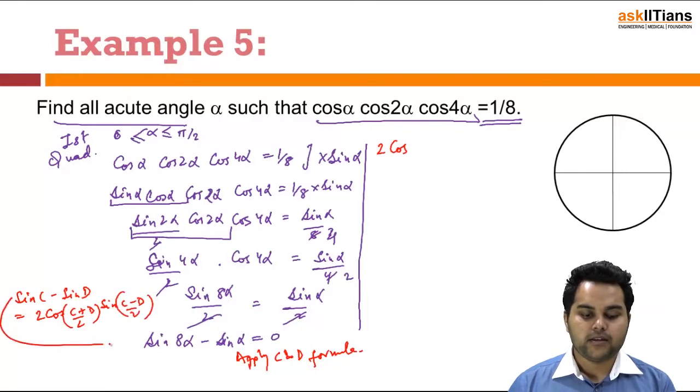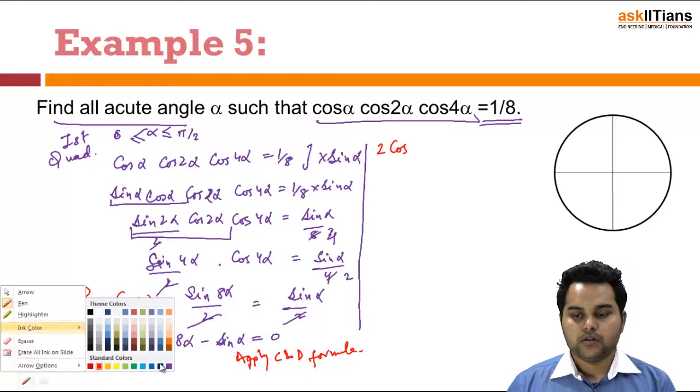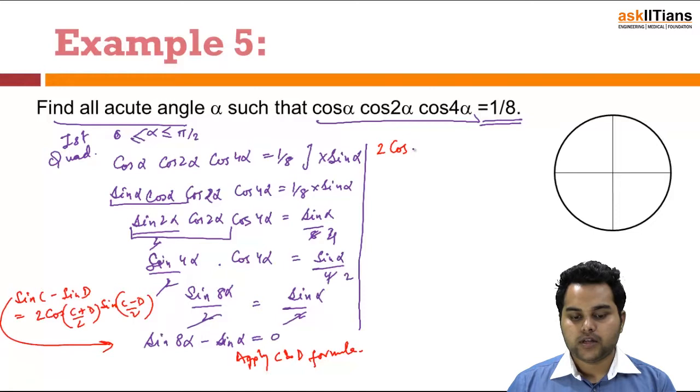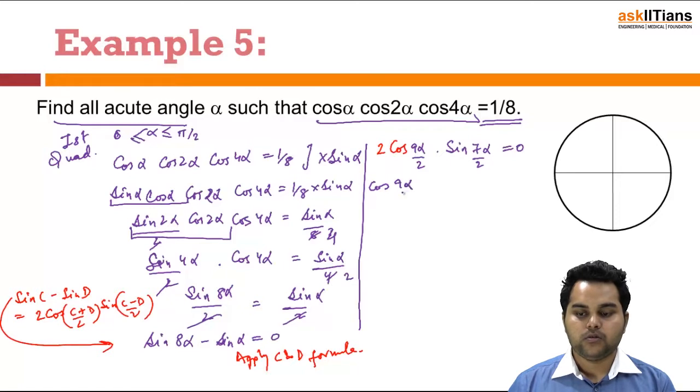This will be applied here, and hence I would get 2 cos 9 alpha by 2 into sin 7 alpha by 2 being equal to 0. So either cos of 9 alpha by 2 is equal to 0 or sin of 7 alpha by 2 is equal to 0.